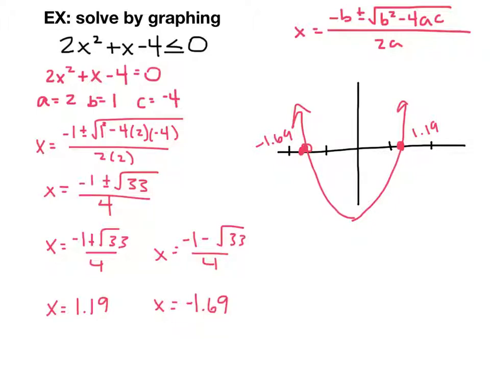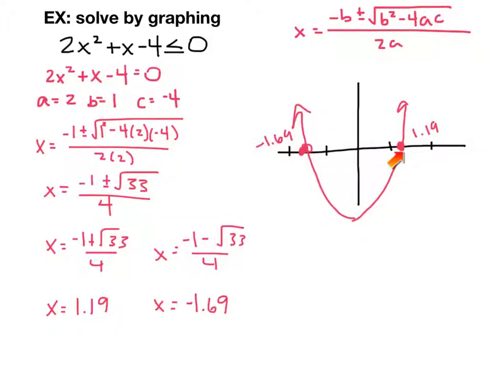Now I'm looking for all of the values that are less than or equal to 0. So again, this is where y equals 0. I'm looking for all of the places that it is less than that. So do I look above or below this line? I look below. All of these values are below 0. Now my answer is only going to concern the x's.